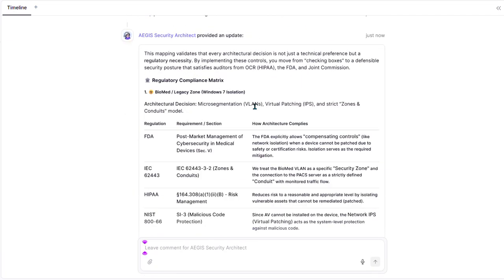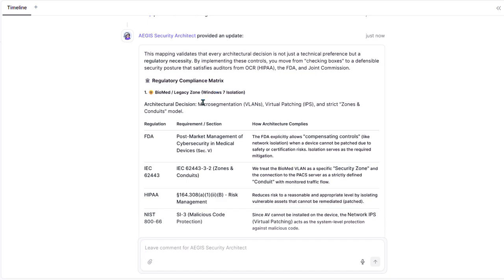This mapping validates that every architectural decision is not just a technical preference but a regulatory necessity. By implementing these controls, you move from checking boxes to a defensible security posture that satisfies auditors from OCR, HIPAA, FDA, and Joint Commission.